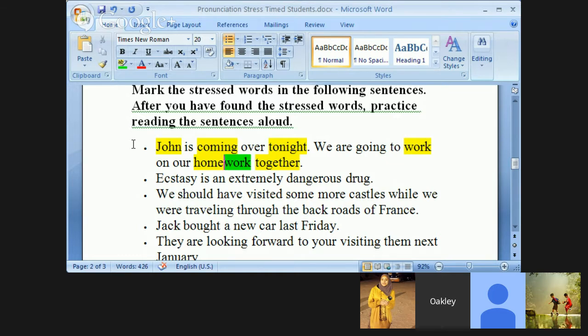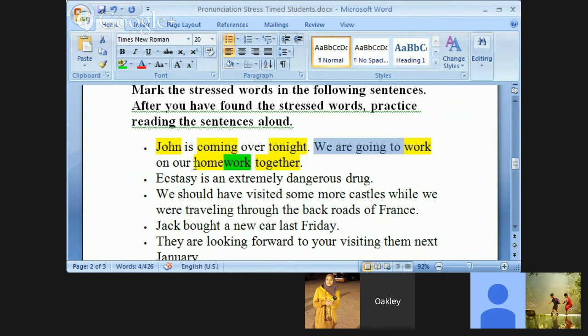Notice this long stretch of function words. Listen to what I do to this. We're gonna work on our homework together. Notice how this stretch of function words is reduced to we're gonna very fast. We're gonna work on our homework together.